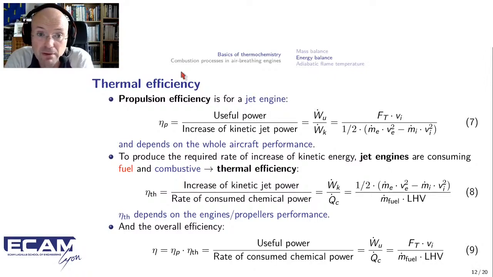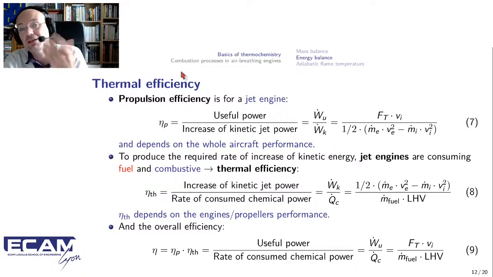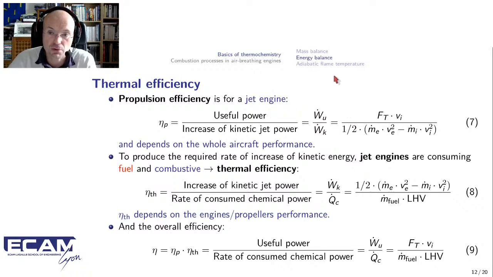I explained quite quickly that this thermal efficiency is just the ratio of the rate of increase of kinetic energy, so the useful effect supplied to the gas ejected by the engine in order to produce thrust, over the chemical energy or the heat energy used for it.